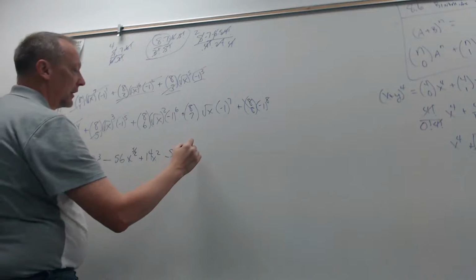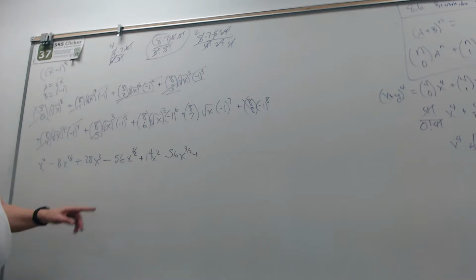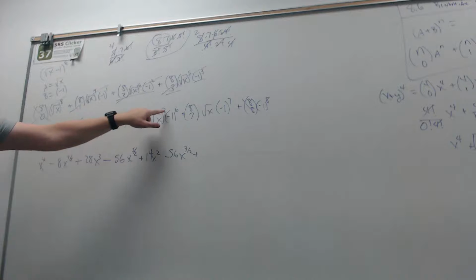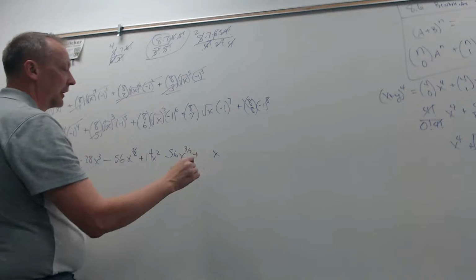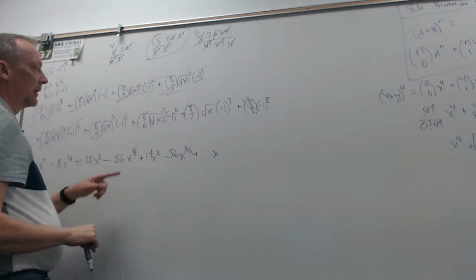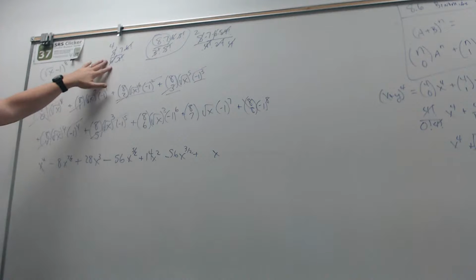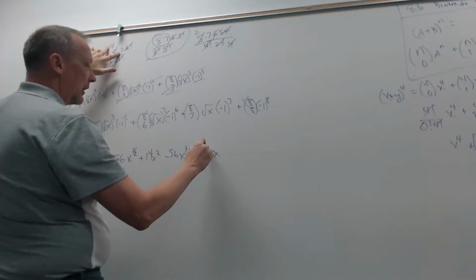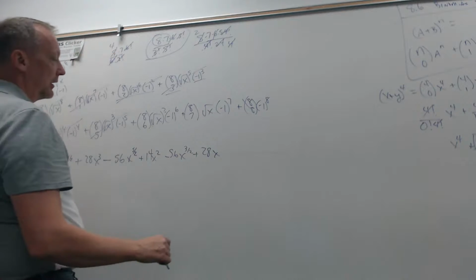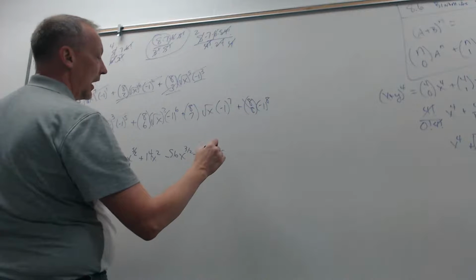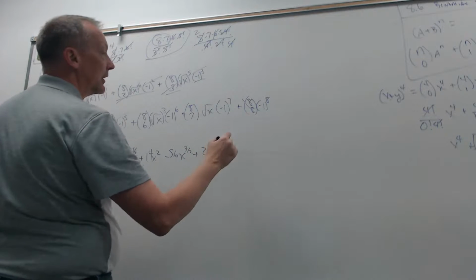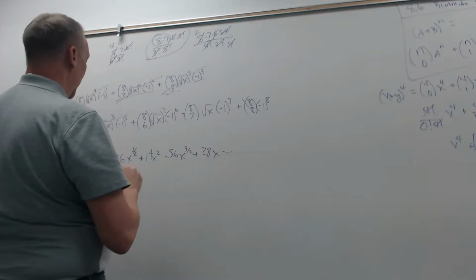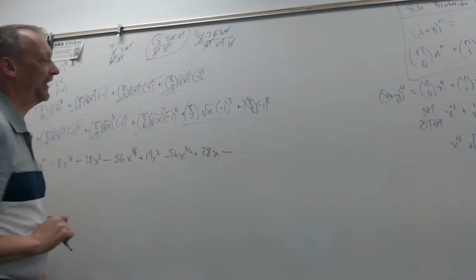The next one's going to be plus. The square root of x squared is plain old x, right? And that's a plus. So 8 choose 6 is going to be the same as this, which is going to be 28 x. And then minus, wait, we're on this term here now.